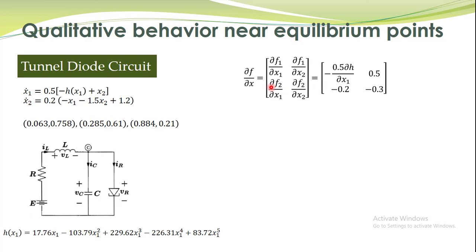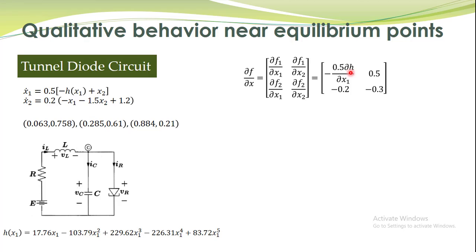Partial derivative of f2 with respect to x1. The partial derivative of this with respect to x1 is minus 1, and minus 1 multiplied by 0.2 is written over here. Partial derivative of f2 with respect to x2 is minus 1.5, and minus 1.5 multiplied by 0.2 is 0.3.